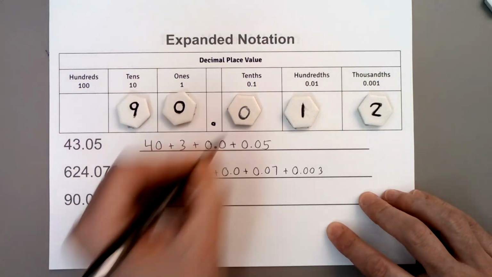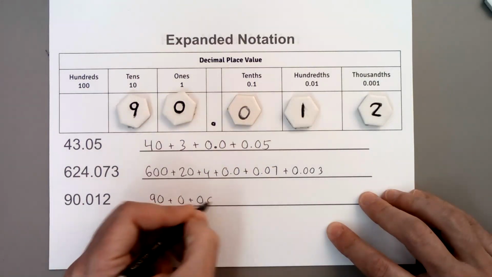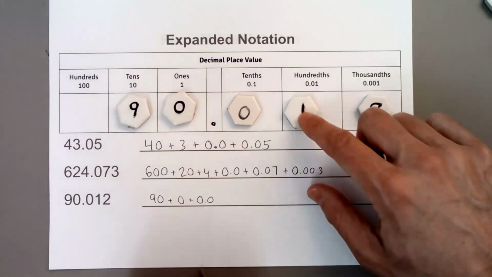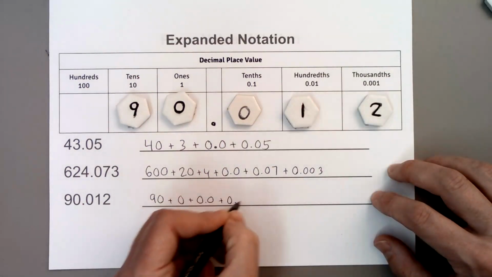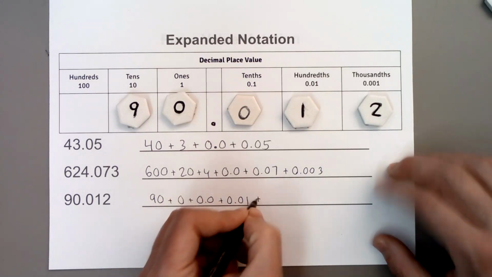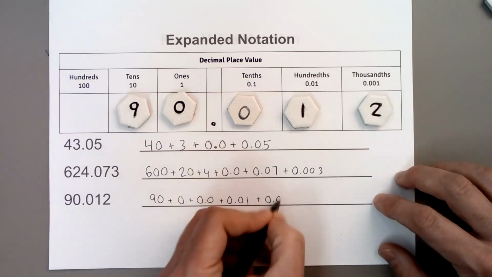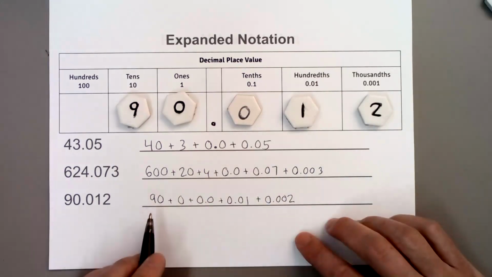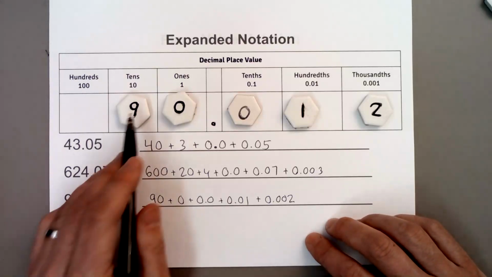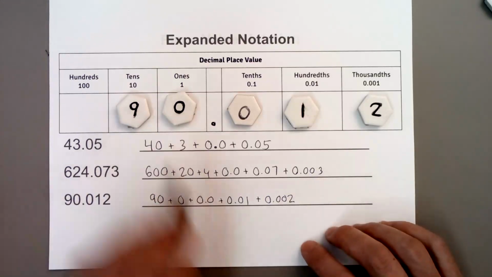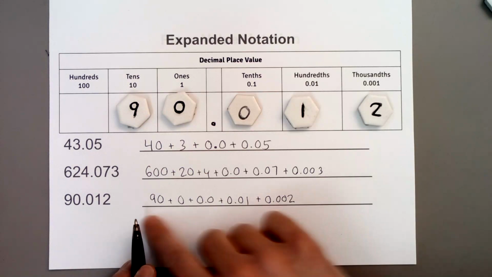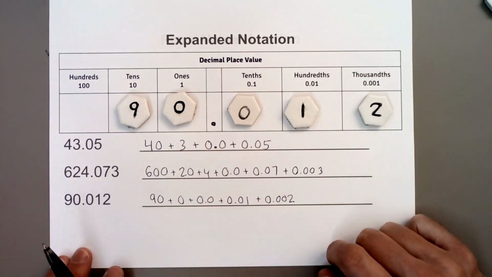The value of this 0 in the tenths place, 0 tenths. And then there's a 1 in the hundredths place. So 1 hundredth, and the 2 is in the thousandths place. So expanded notation, you're just taking each digit in the number and showing its true value, making an addition expression here. But wait, there's more.